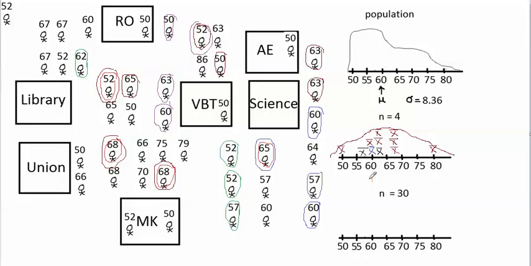The mean of the sampling distribution is always equal to the mean of the individual population members. So the mean, or the average of all of these x bars is actually 60. And the symbol for the mean of a sampling distribution is mu x bar. So it's just a mu with an x bar subscript.